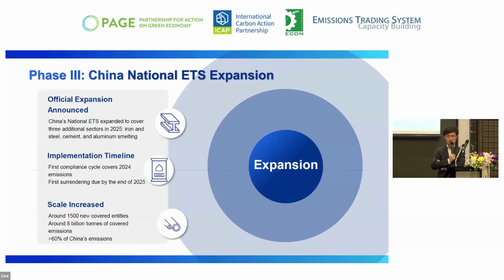These were already announced since the beginning of the China National ETS back in around 2015. China has already decided on covering these eight sectors. So this also reminds us that thresholds and coverage should be considered in the first place, but not necessarily.